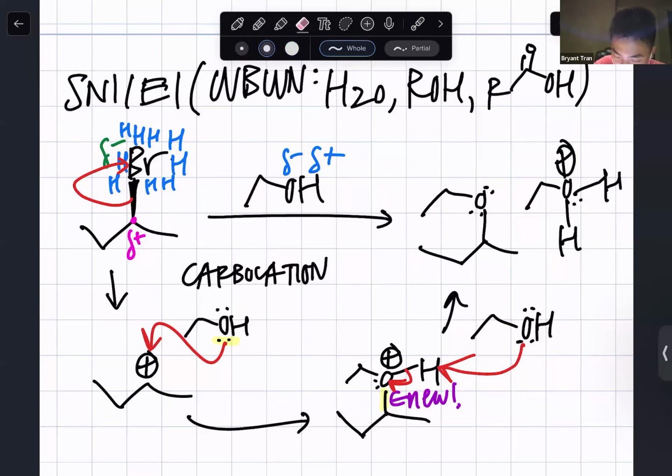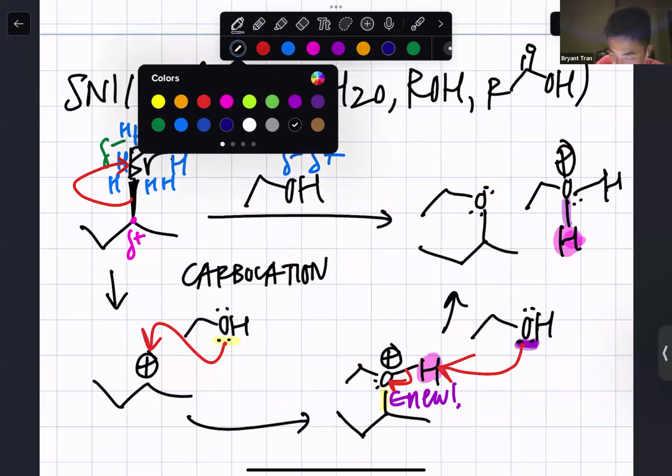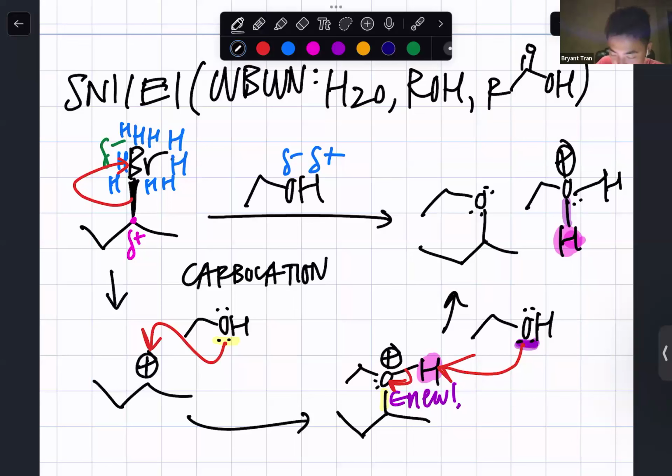If I highlight this pair of electrons in purple right there, that purple pair of electrons is going to be this new bond right here, right? That grabbed, let's say, this pink hydrogen, which is going to be this pink hydrogen right here. And if you calculate the formal charge of this oxygen, 6 minus 1, 2, 3, 4, 5, 5 is positive 1. So this would be positively charged, which is the side product.